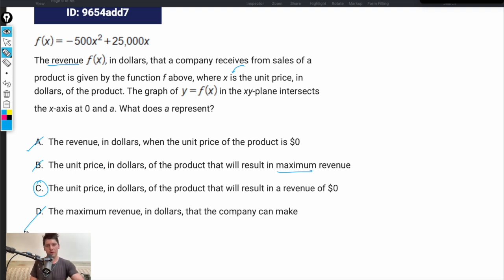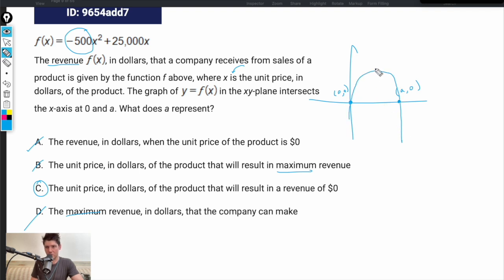To clarify something I said earlier, this is definitely not the max revenue. The reason I know it's definitely not the max is because I know a thing or two about quadratics. This negative in front of the x squared means it opens down. And if it has a point here and here, and this is a comma 0, and this is 0 comma 0, and if it has two of these points, then there's definitely a high point in the middle, right?